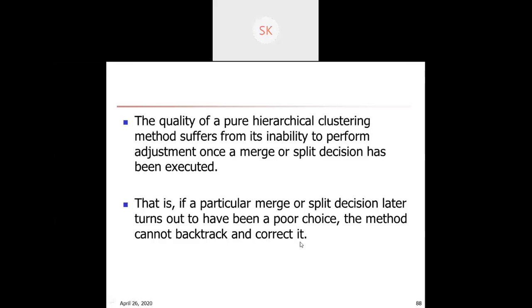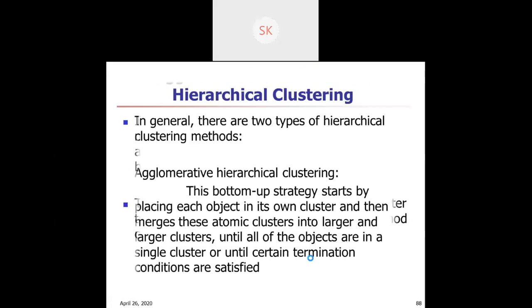In medoids, we have seen that correction is possible. So it is better to start the process again from the first.